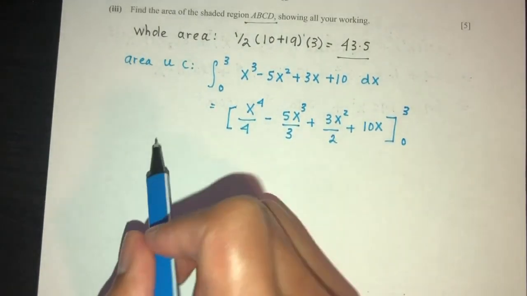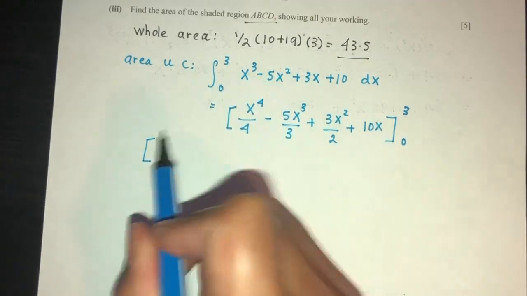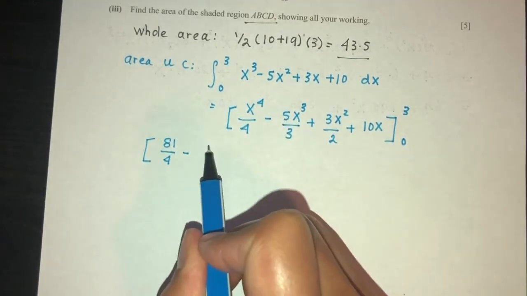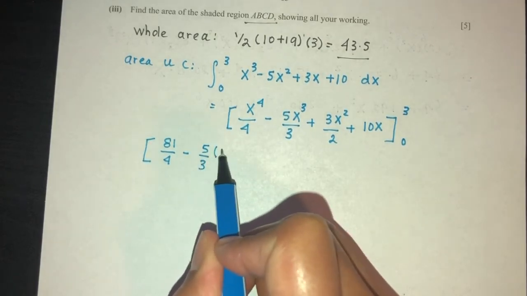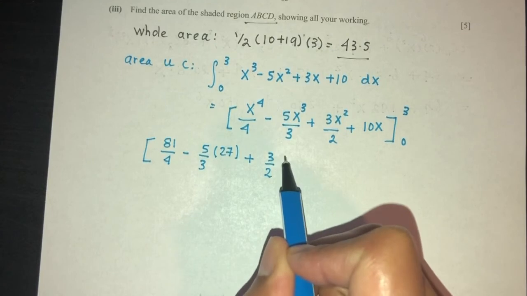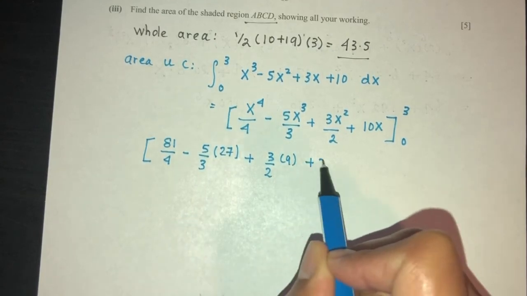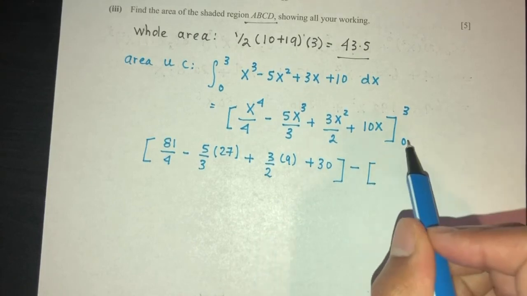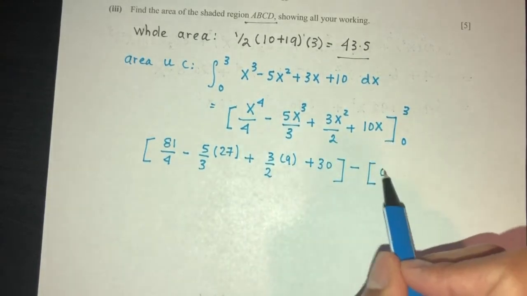So one by one, if you replace 3, you will have 81 over 4 minus 5 over 3 times 27 plus 3 over 2 times 9 plus 30. That is for x equal to 3. Now minus for x equal to 0, that will be just 0.